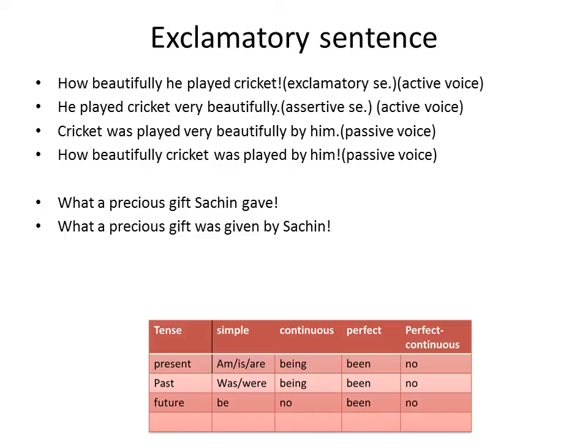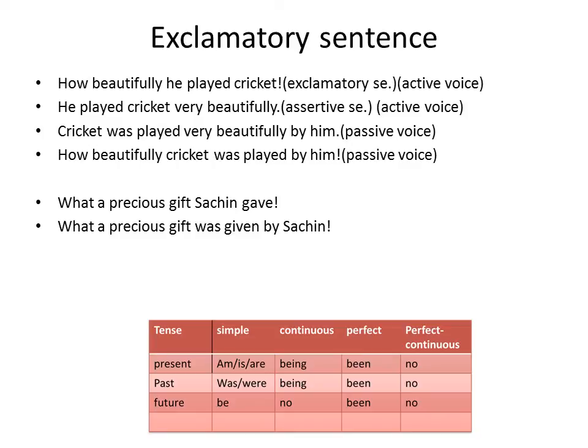So let's see the first sentence: how beautifully he played cricket. This is an exclamatory sentence in active voice, so we have to convert it into an assertive sentence. He played cricket very beautifully. So this is the assertive sentence.